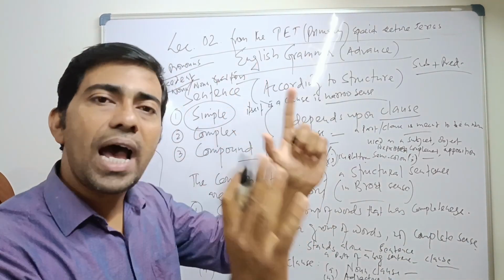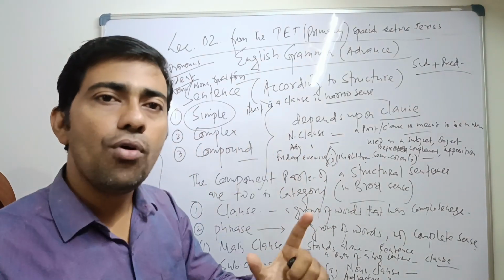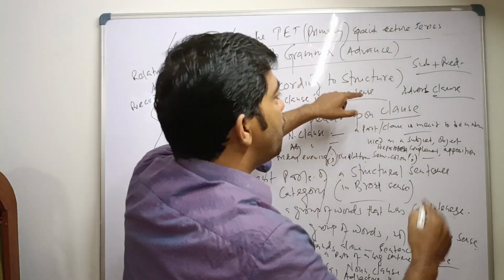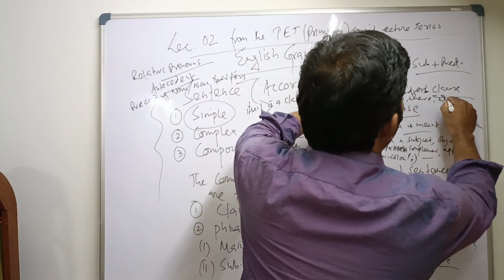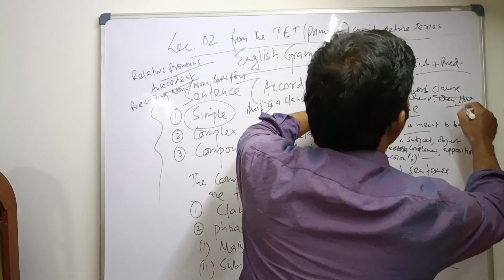Out of 9 or 10 WH words, there are 4 WH words: why, where, when, how.